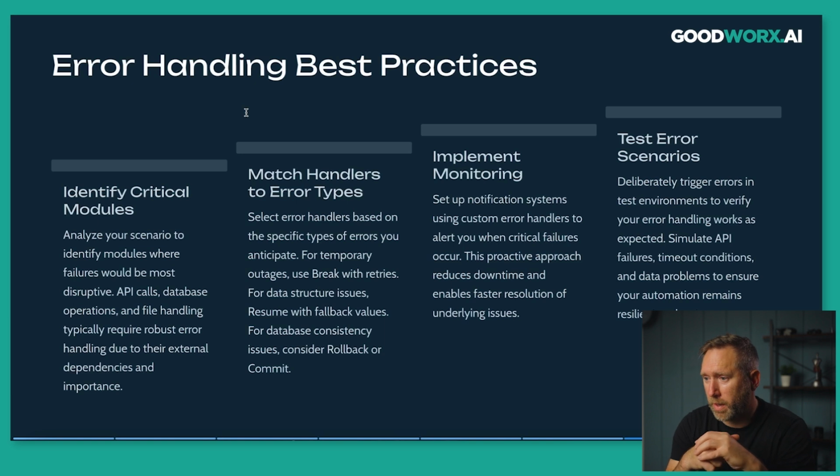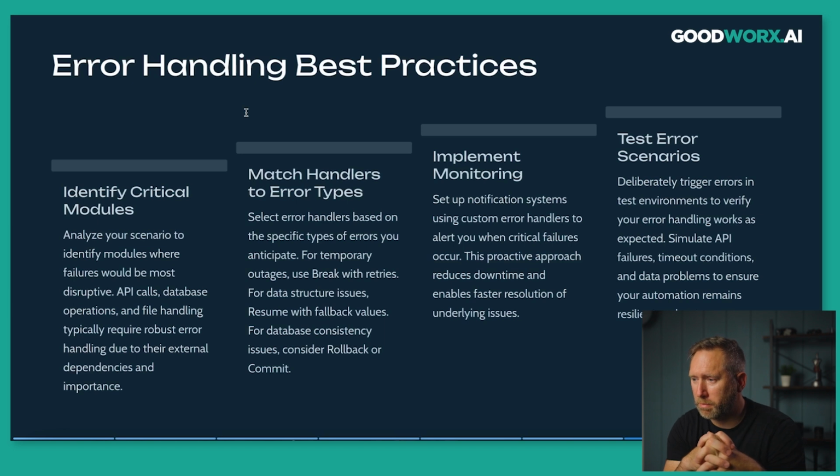Number 2, match handlers to error types. Select error handlers based on the specific types of errors you anticipate. For temporary outages, use break with retries. For data structure issues, resume with fallback values. For database consistency issues, consider rollback or commit.